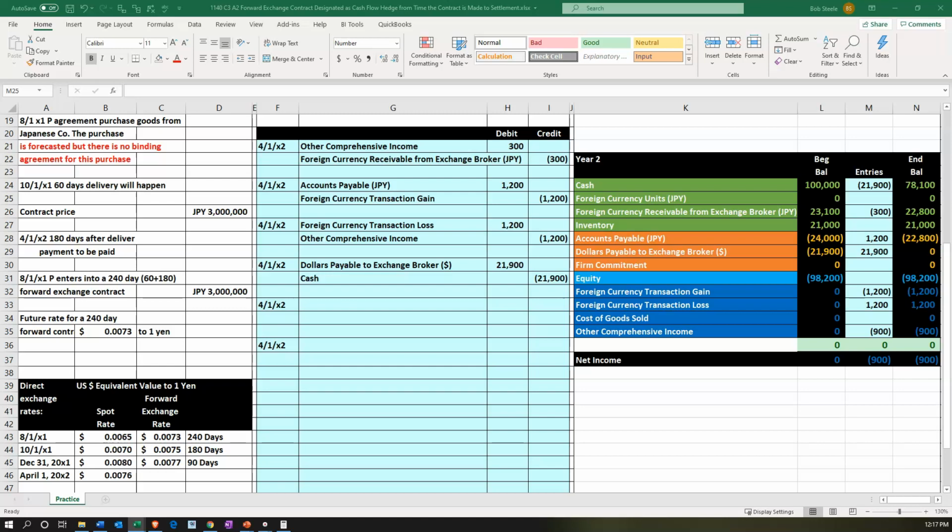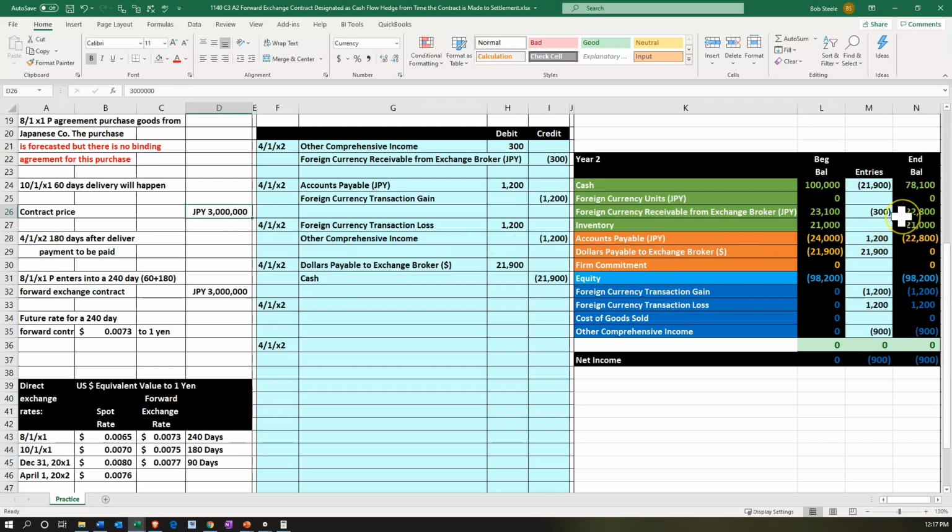Then we're going to get the currency. The forward contract is going to pay us now in the foreign currency. So that's represented by this 22.8 here. Now remember, we revalued that 22.8 to reflect the 3 million that we're going to get in yen in the current value of it.